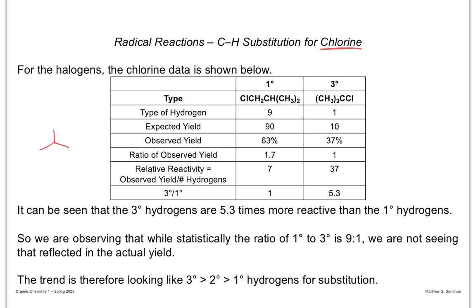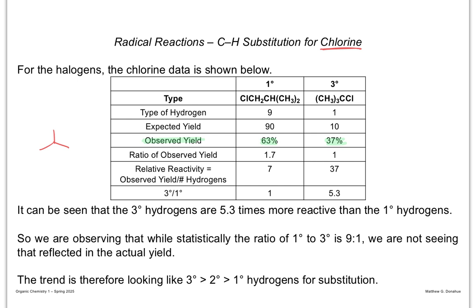What you observe, let me highlight that in green, 63 of the primary, 37 of the tertiary. If we divide 63 by 37, we get 1.7. 37 divided by itself is 1. So that's quite a bit different than 9 to 1, right? It's about 2 to 1.